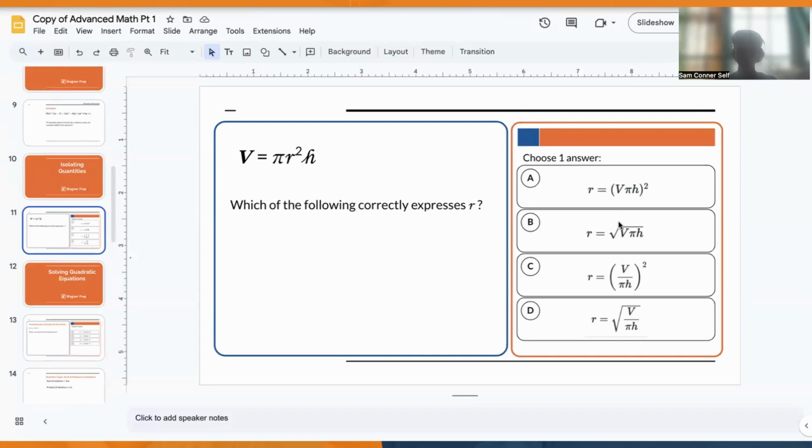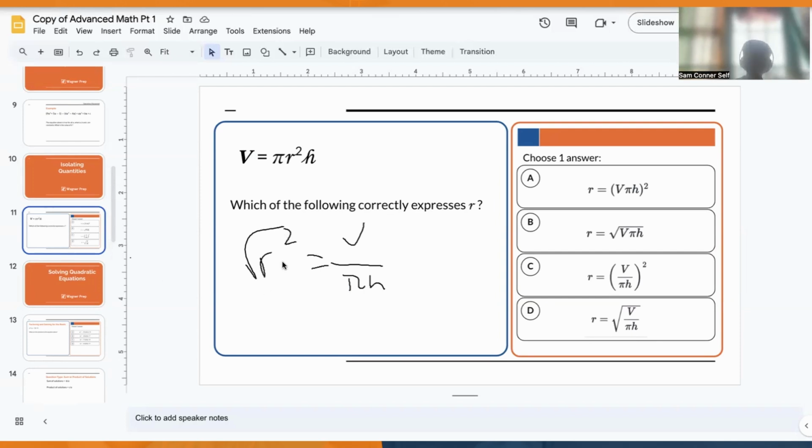And to do that, so we see that r is already isolated in all of these answer choices. What we're going to do is we're just going to move everything to the other side of the equation. So we first get r squared is equal to V divided by pi h. And then we have to take the square root of both sides to get rid of that power attached to the r.